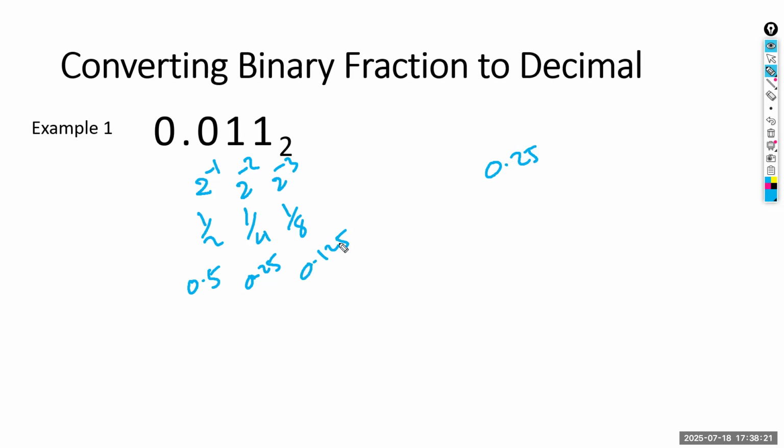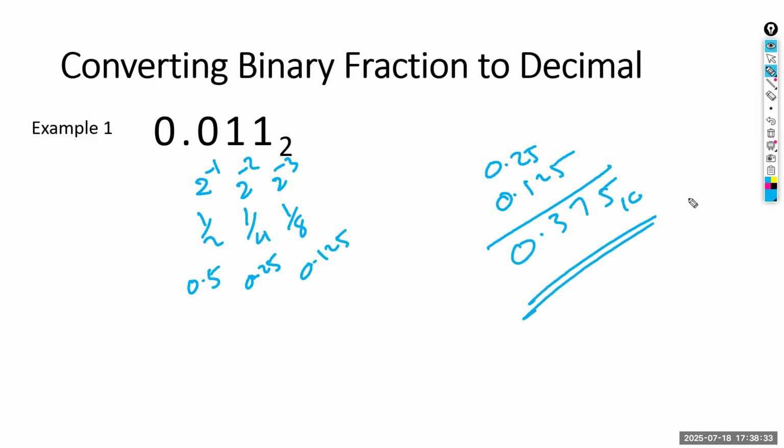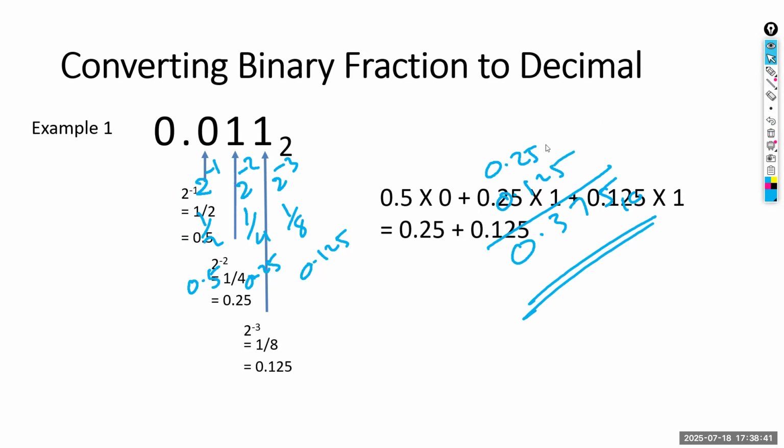And we have 0.125. Either you have 1 or nothing. So this number in base 10 is 0.375. Simple as that. So what you have is 2 to the power minus 1, 2 to the power minus 2, 2 to the power minus 3, and so on in base 2.